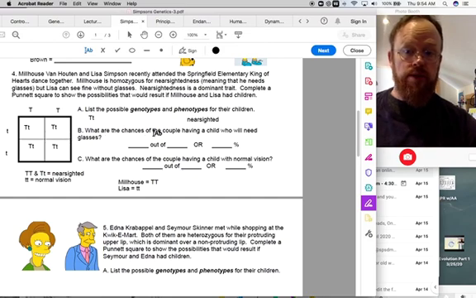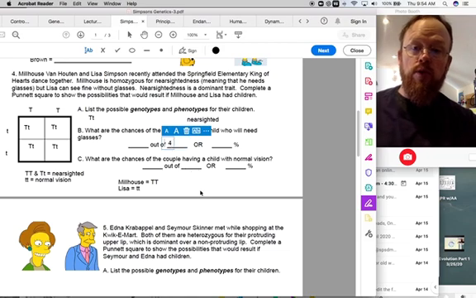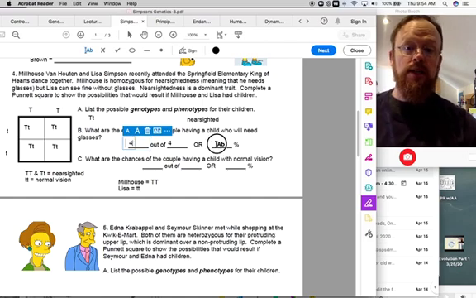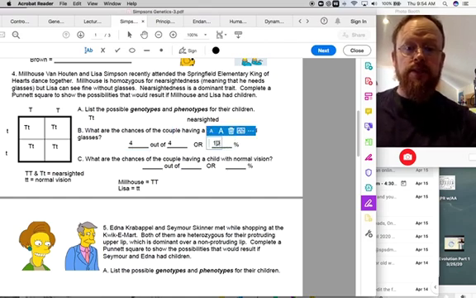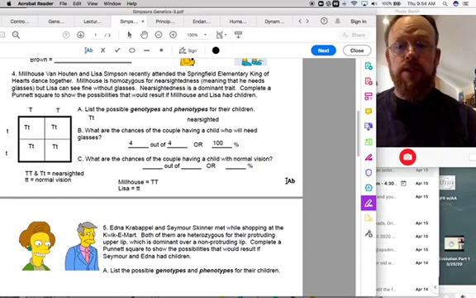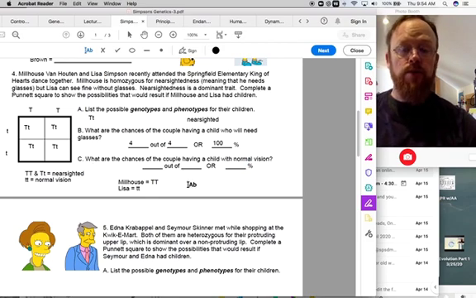Okay, so now it says, what are the chances of the couple having a child who will need glasses? Well, if you're nearsighted, you need glasses. So how many out of 4 boxes indicate that the child will need glasses? All 4 out of 4 boxes indicate that, which means there's a 100% chance that the children of Lisa and Milhouse will need glasses. Then this is C now. What are the chances of the couple having a child with normal vision?